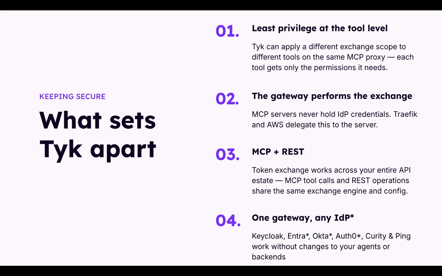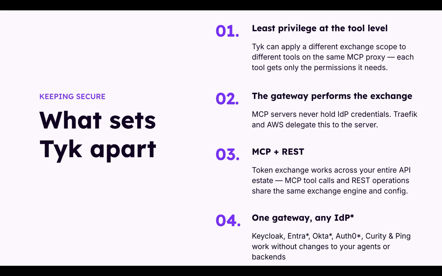So for example, if a server contains 3 read operations and 1 write operation, if you can only set scopes to the server level, then the scopes required are read and write. On Tyk, you can set the scopes to the tool level, because there's no read operation needs a write scope and there's no write operation needs a read scope. Server level just is not granular enough.